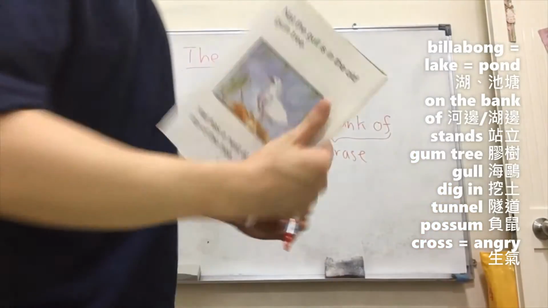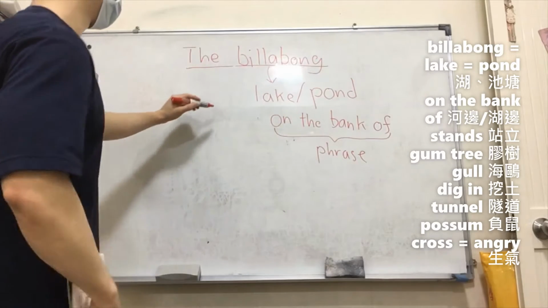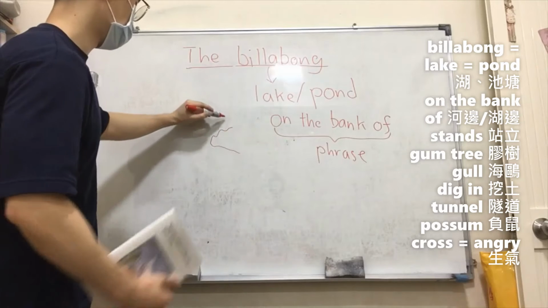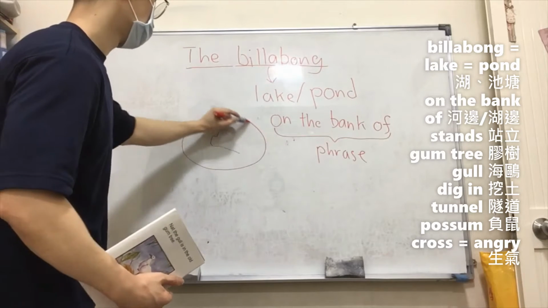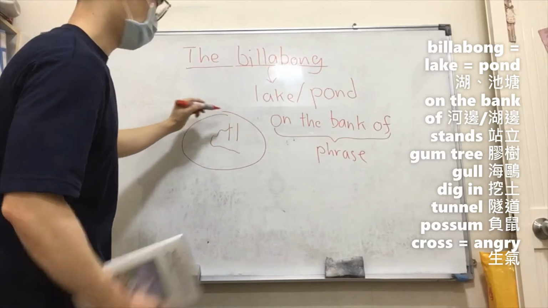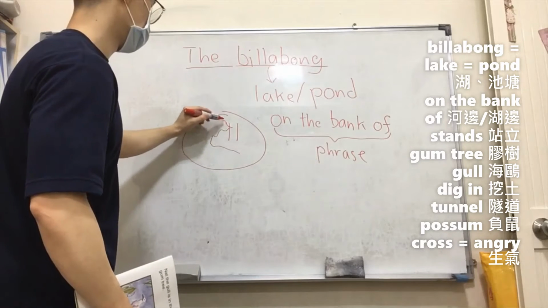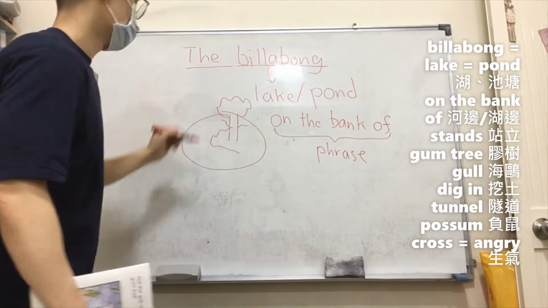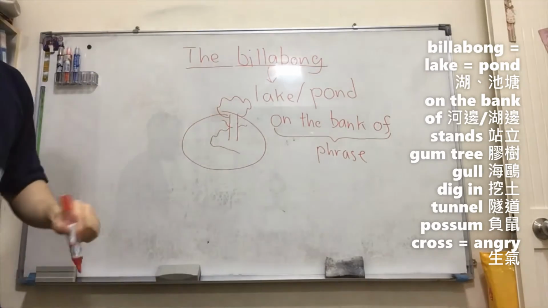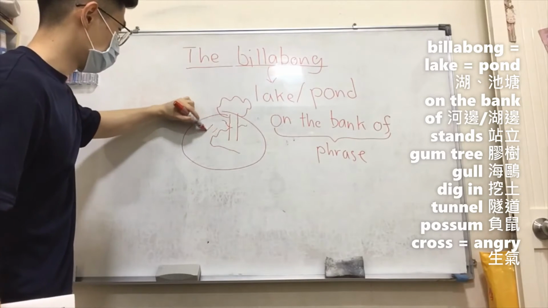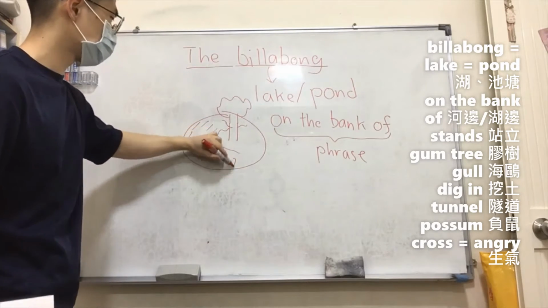So, for example, I have a pond here. Let me draw a tree. How do you draw a tree? Like that. So I have a tree. And then this is my pond, right?